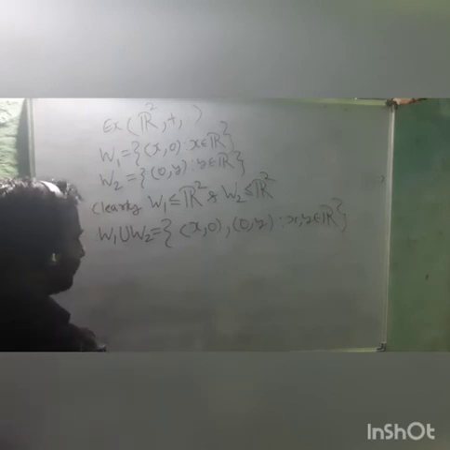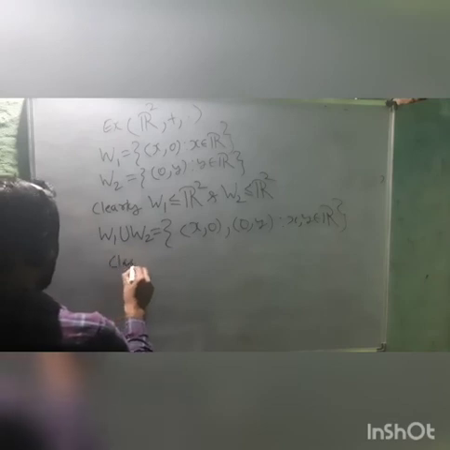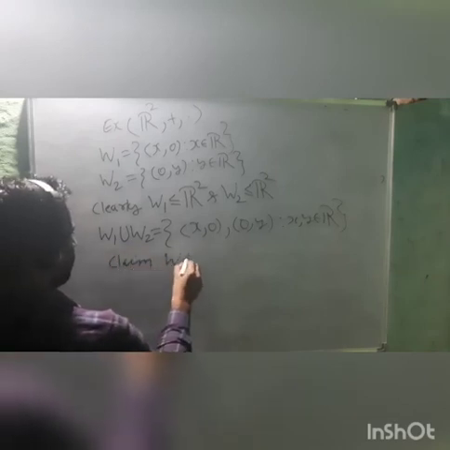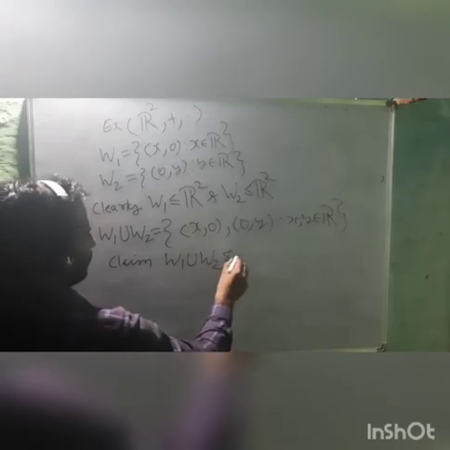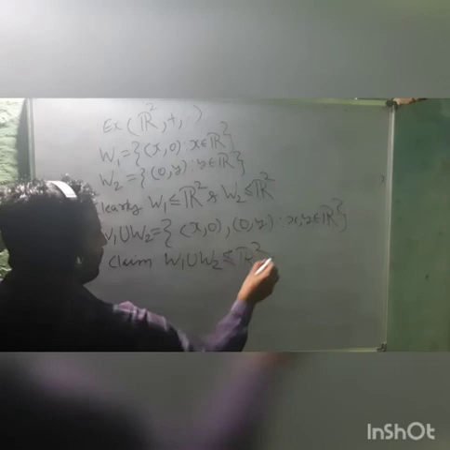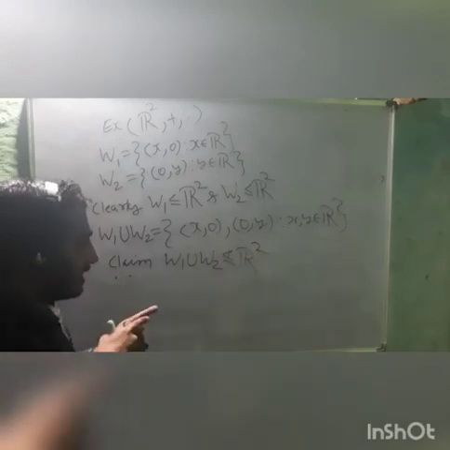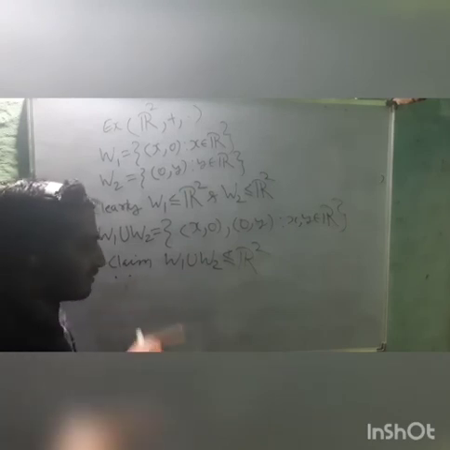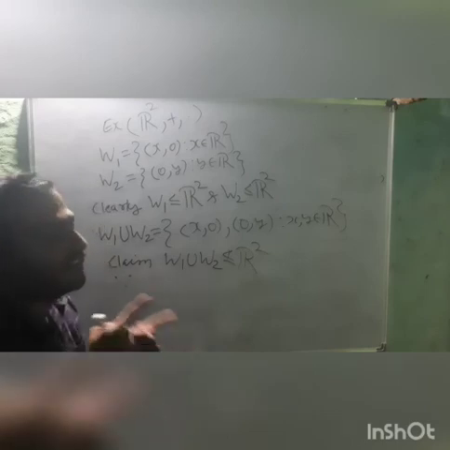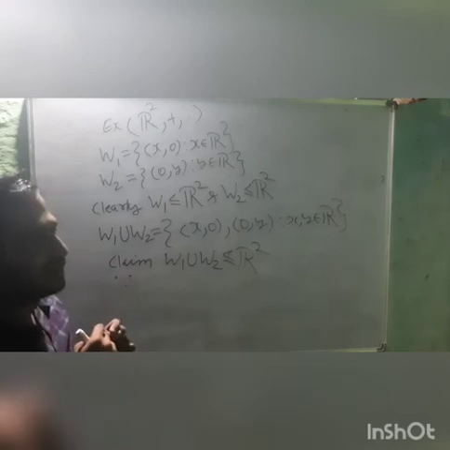Okay, so now I claim that this is not a subspace. Claim: W1 union W2 is not a subspace of R2, because if W1 union W2 were a subspace of R2, then it must satisfy the closure property, which you will not get here.